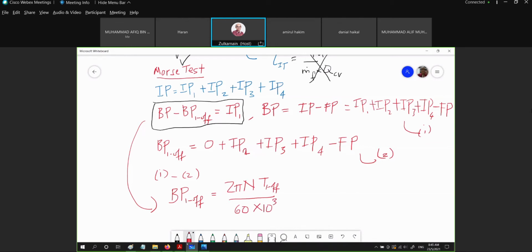N ini jangan bagi 2 ya, sebab ni this is BP from dyno. Jadi kita kena baca di sini adalah 2 pi kalikan dengan 2800. So what is our T1 off? Bila T1 off adalah 111 bagikan dengan 60 kali 10 kuasa 3. Ini kita akan dapat dalam kilowatt.